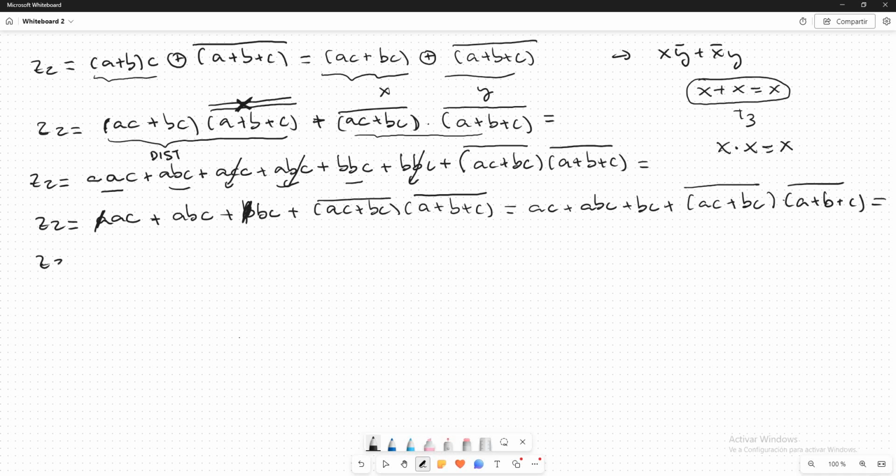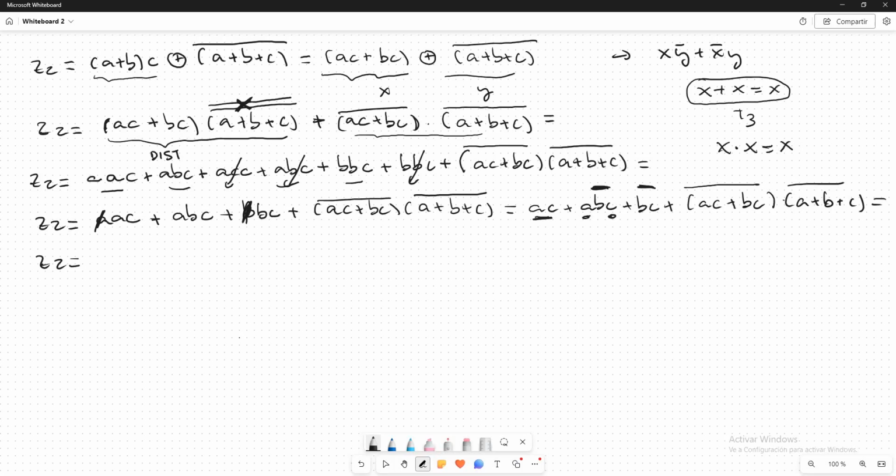So we continue with the simplification. Now we can see that AC is here again, or we can see that BC is here.